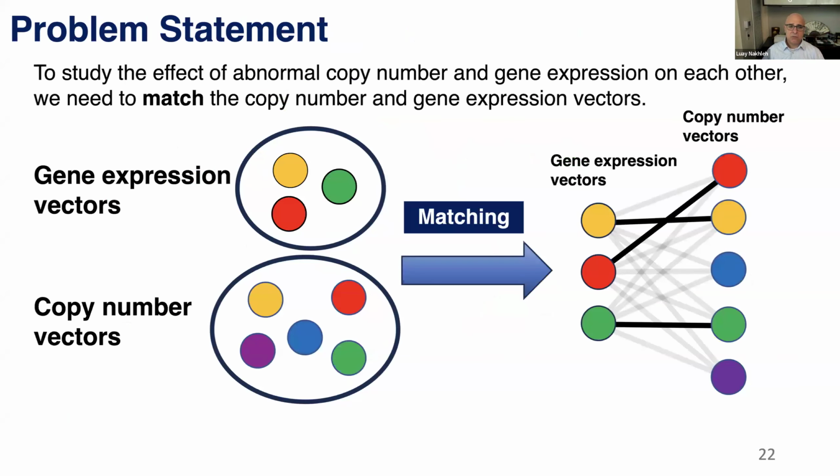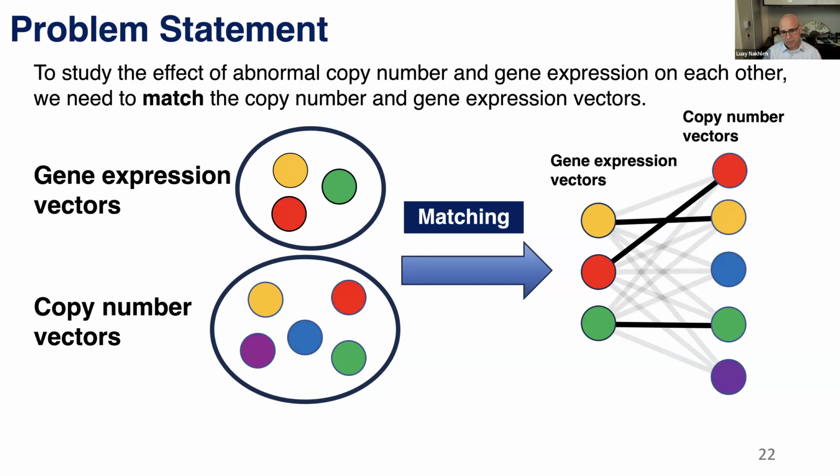The problem that we are dealing with is very simple to explain. We have gene expression vectors and copy number vectors. Imagine we obtain data from 1,000 cells. So it is 1,000 gene expression vectors, each with a certain number of entries, and each entry is a non-negative integer.